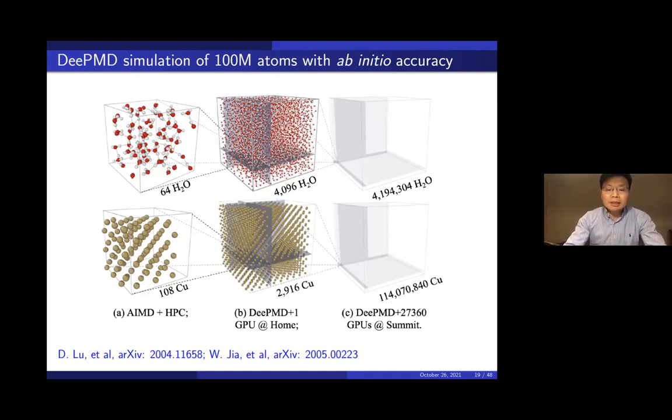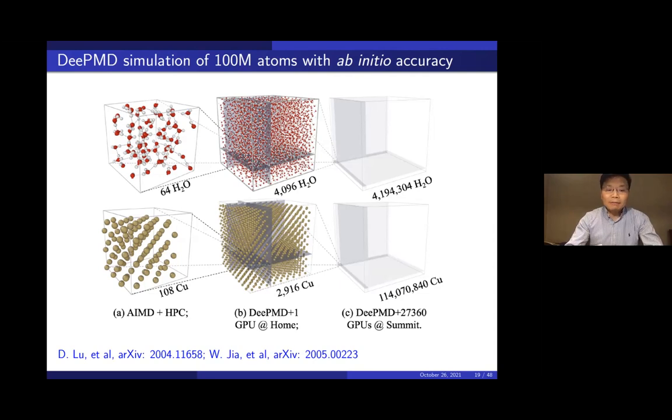That doesn't mean we have already solved all the problems. We've solved the problem with the spatial scale. We can solve very large systems, but we still have a problem with the temporal scale, because in many of the applications, such as chemistry, the kind of processes we're interested in, for example chemical reactions, are rare events.